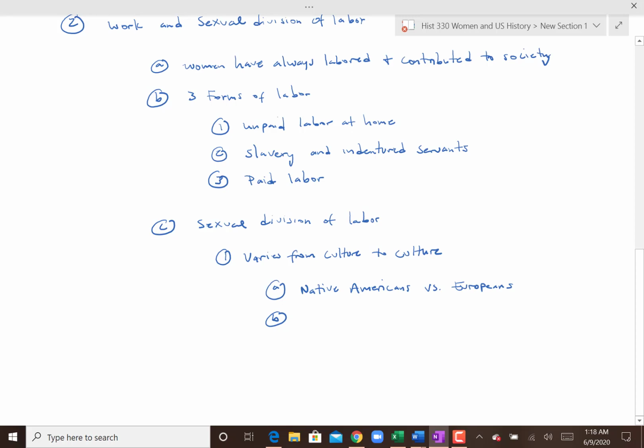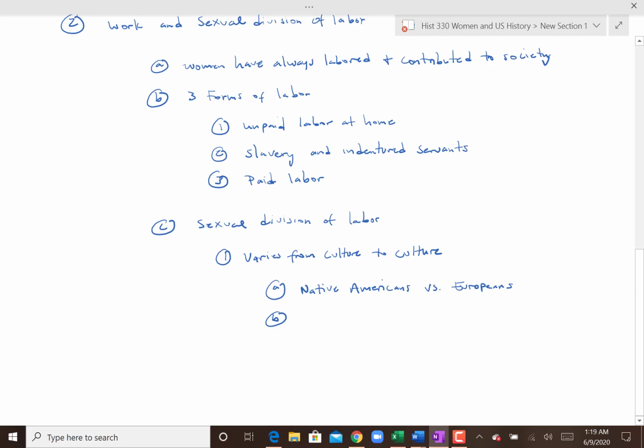So to give you an idea of this, Native American women, and this also gets broken down by tribe. I am generalizing a little bit here because there were some tribes that did not follow this. But the majority of tribes, just before Europeans showed up, tended to follow this way.